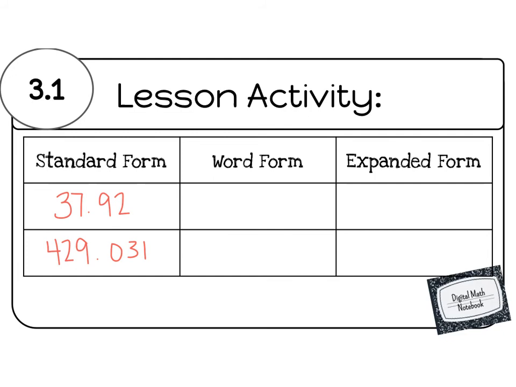In standard form, this number is 37 and 92 hundredths. Let's write that in word form. 37 and 92 hundredths, because the 2 is in the hundredths place, so I say hundredths.